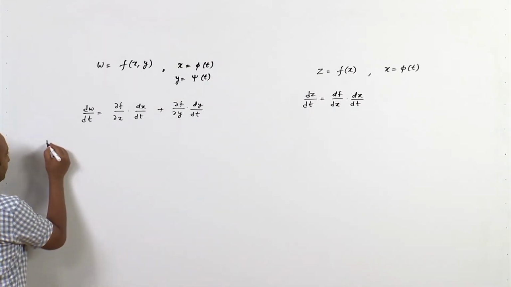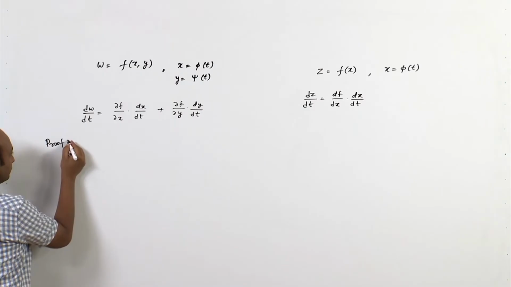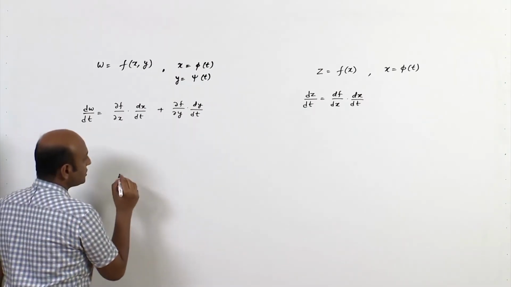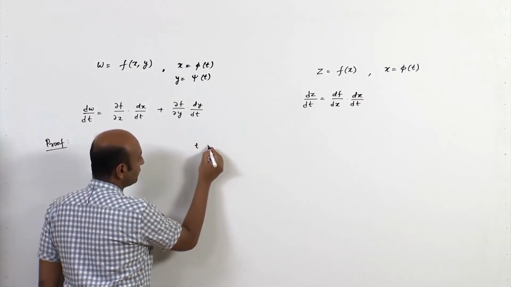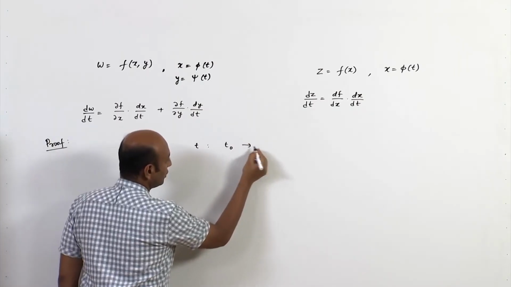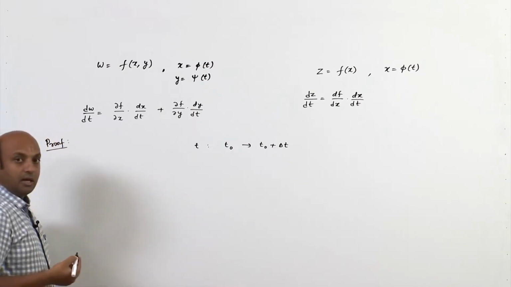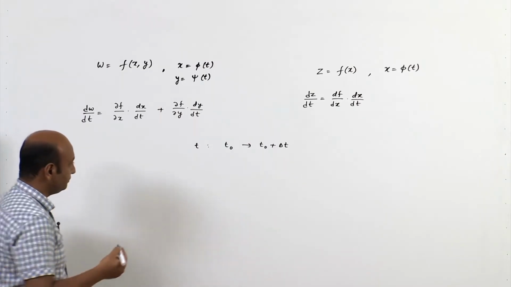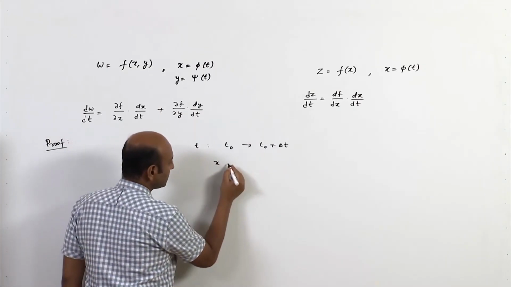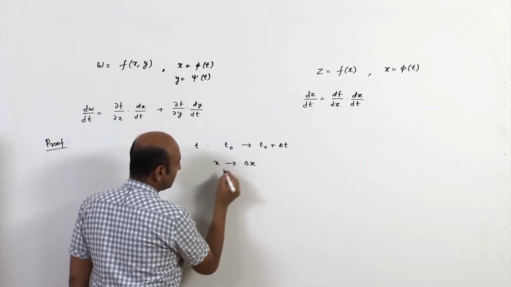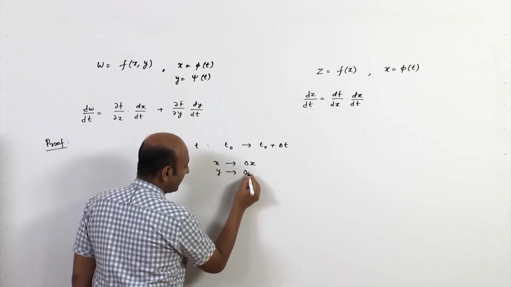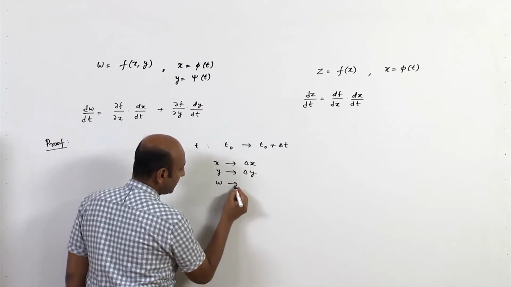Suppose t is changing from t naught to t naught plus delta t, and the corresponding changes in x, y and w are delta x, delta y and delta w.